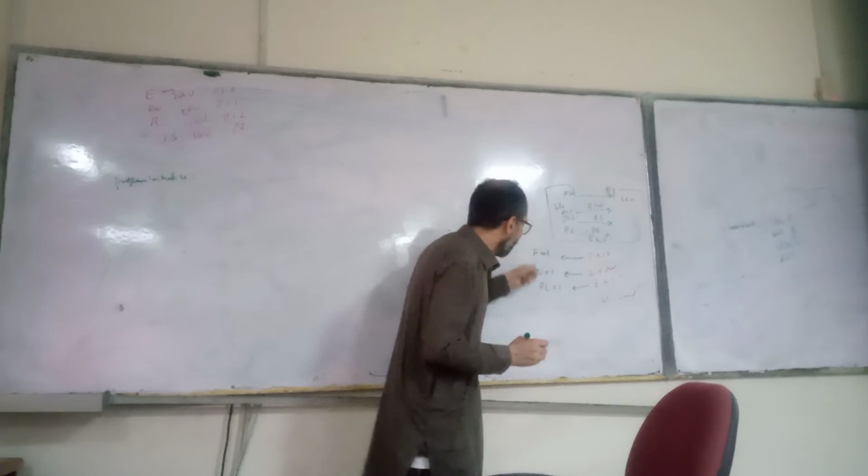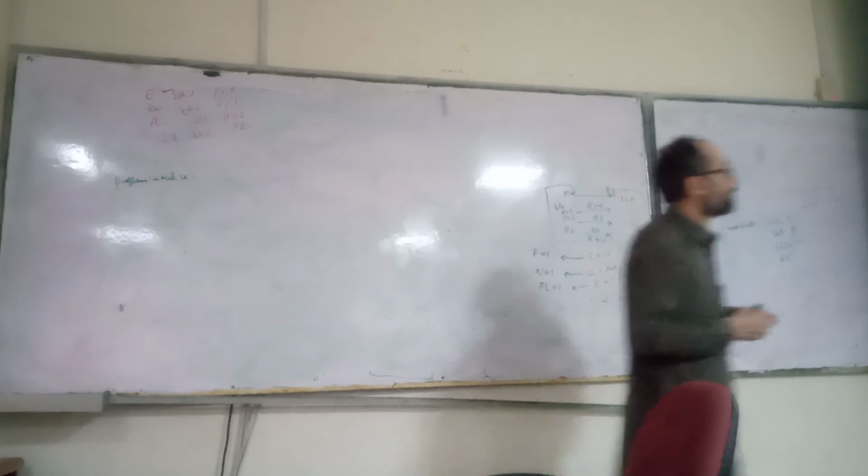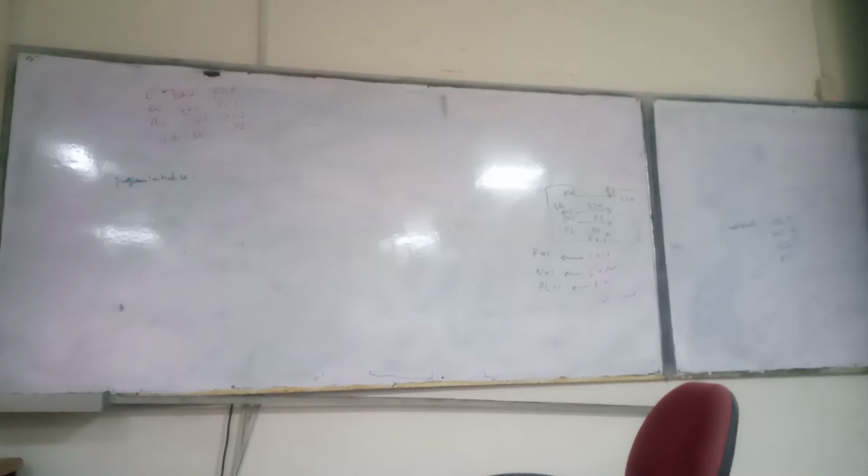Okay, where do F, N and DL lie? F is here, N is here, and DL is here. Now if you want to generate these things, what should be the value of RS? 0. What should be the value of RW? 0.